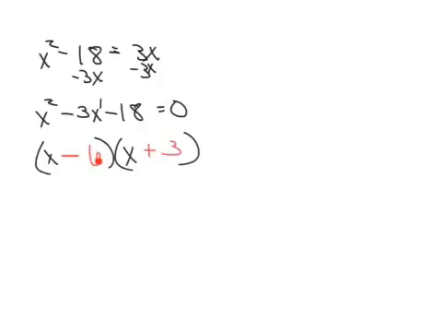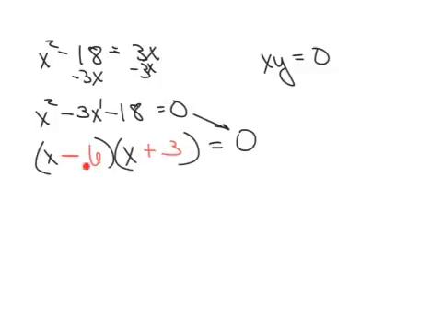I factored it down. Now I've got to not forget to put the 0 on there. Now I've got to figure out what is going to make the 0. Because remember, before I said if you have two numbers multiplied together and they give you 0, one of these has to be 0. If I have two numbers that multiply together to give me 0, either this is 0 or this is 0.